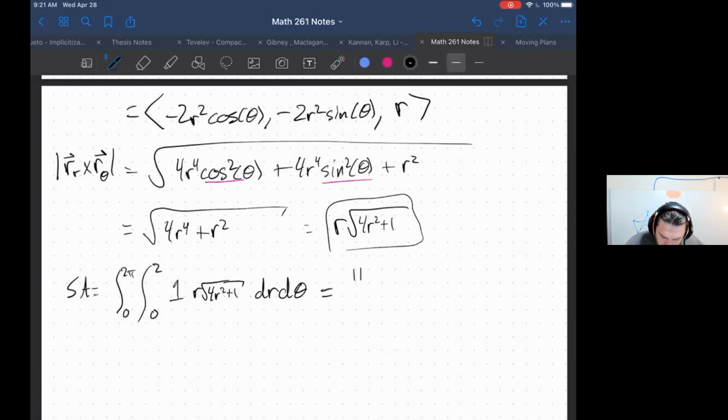If you go through it all, it's a bit of a mess, but apparently you get something like pi over 6 times the quantity 17 root 17 minus 1. It's a bit of an integral to do, and I recommend at least trying this out once, just to remember how to do all these sorts of integrals. But we're not going to do this in class.